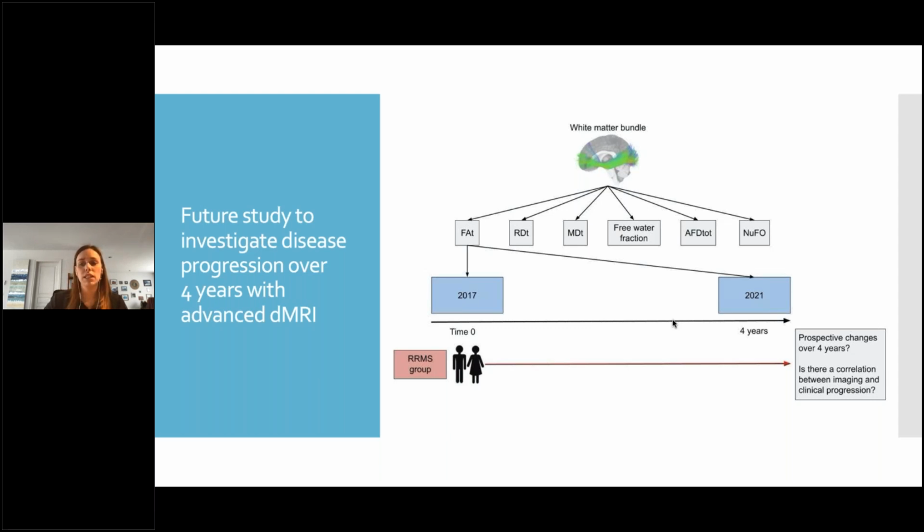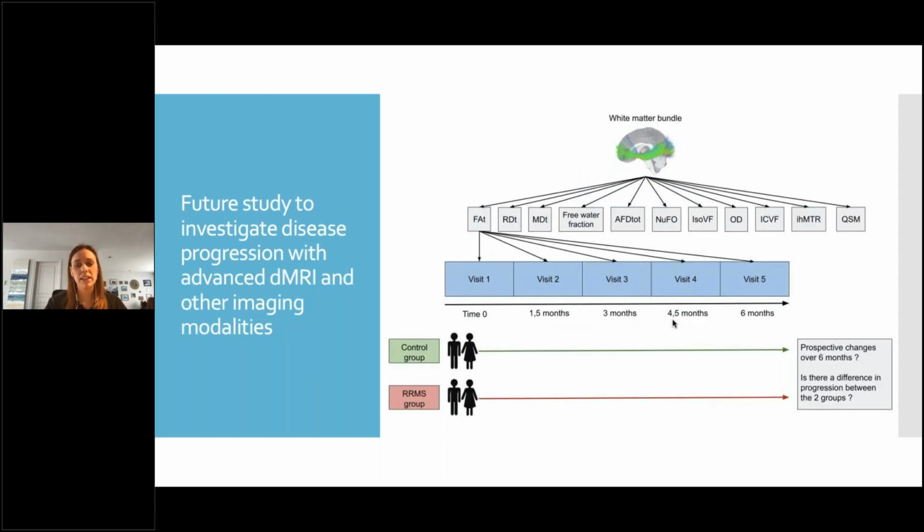The goal would be to see if there are prospective changes over 4 years, in the radiological extent of the disease, and also if there's a change in the symptoms and severity in those patients. The interesting thing to explore here would be if there's a correlation between the progression seen clinically and at the diffusion MRI. So this is a project that we want to build for 2021.